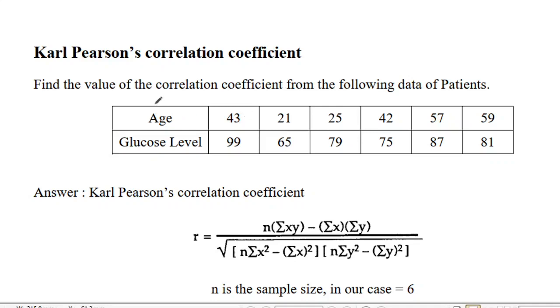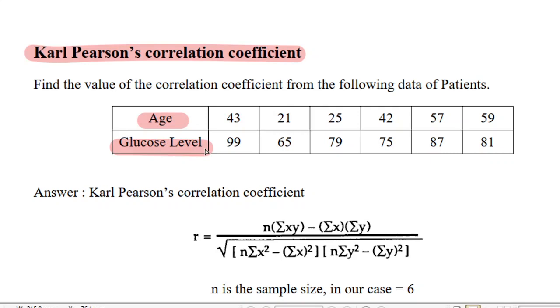Now we will learn about the Karl Pearson coefficient. Consider an example. Find the value of correlation coefficient from the following data of patients, and also given ages of patient and glucose level of the patients.